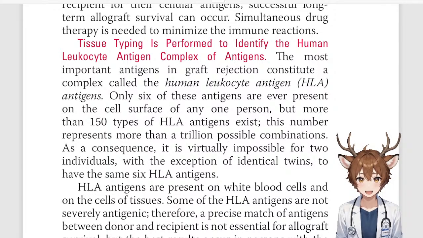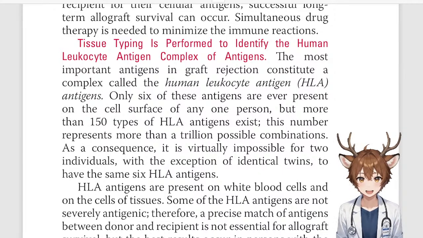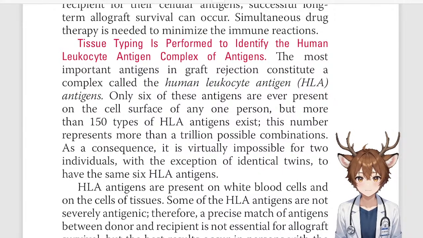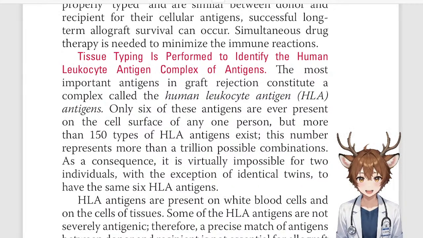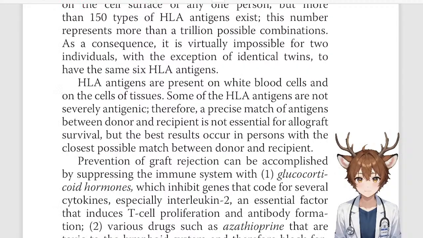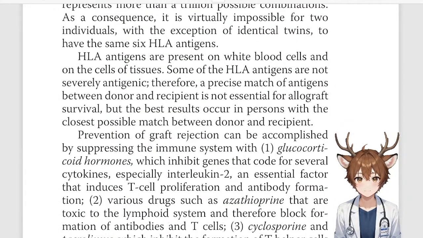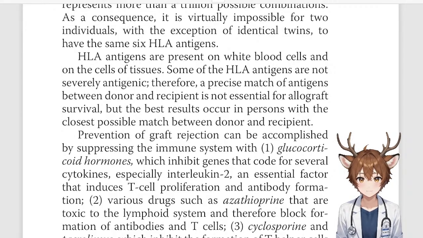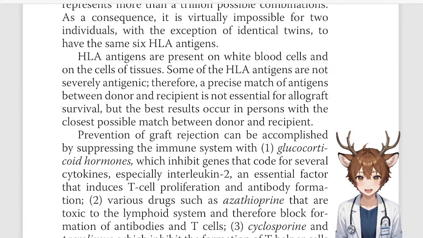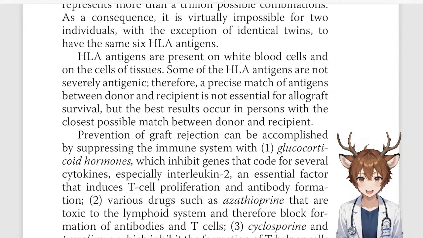As a consequence, it is virtually impossible for 2 individuals, with the exception of identical twins, to have the same 6 HLA antigens. And that's important too, because when they're talking about isograft, they're saying, oh, a twin. They mean an identical twin. Because if they're a fraternal twin, then they're just the same thing as a standard sibling. It's only identical twins where they are genetically almost identical, right? They're almost genetically the same. And so they will have the same HLA antigens.